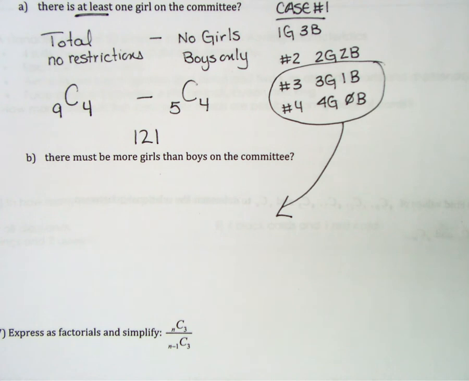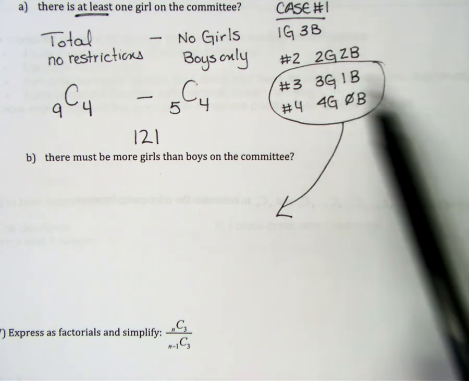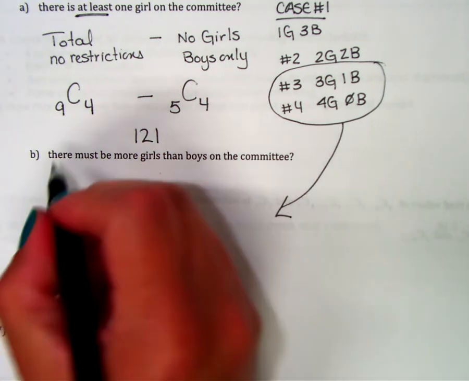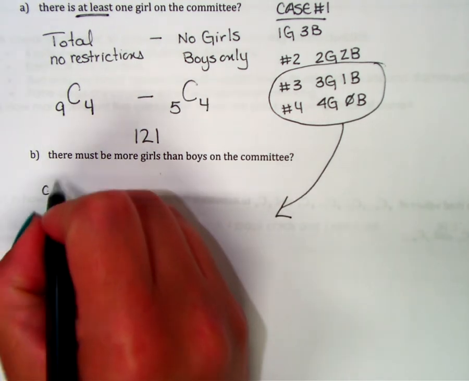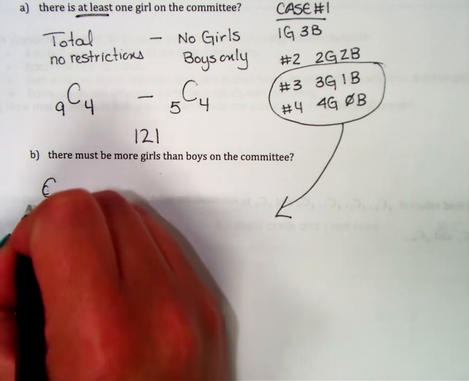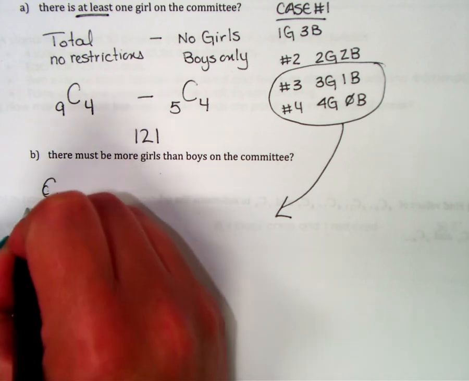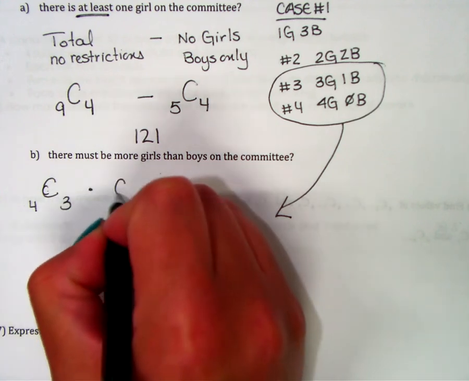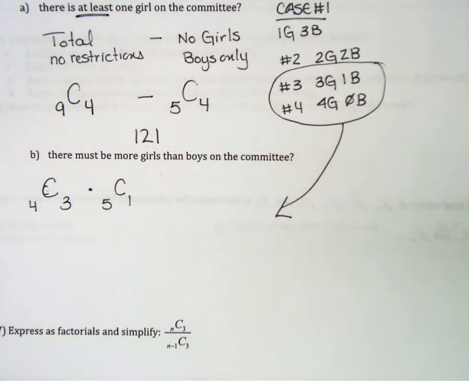Here, because we have 4 and we're only removing 2, it's not an all or nothing sort of thing. So we have 4 girls and we're going to choose 3 of them, and we have 5 boys and we're going to choose 1 of them.